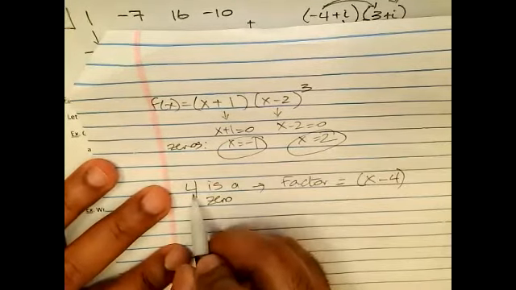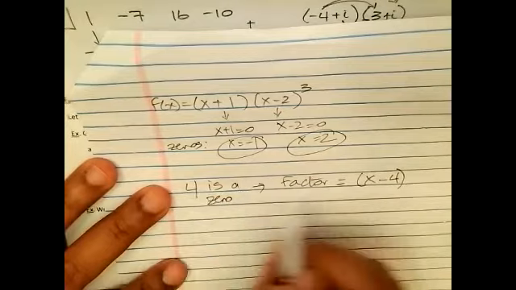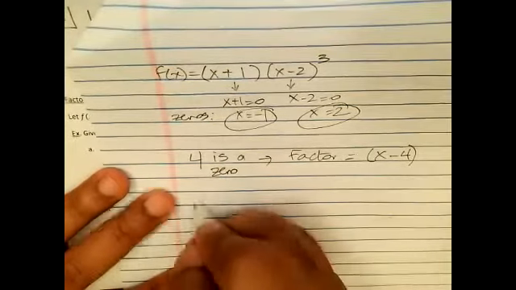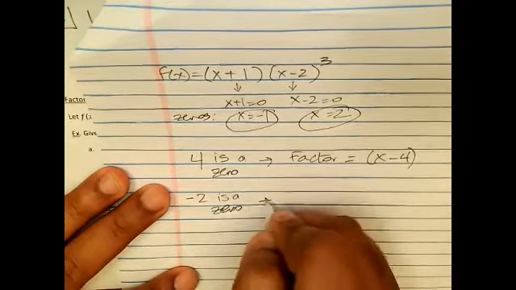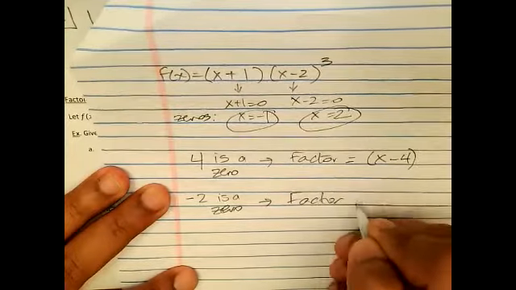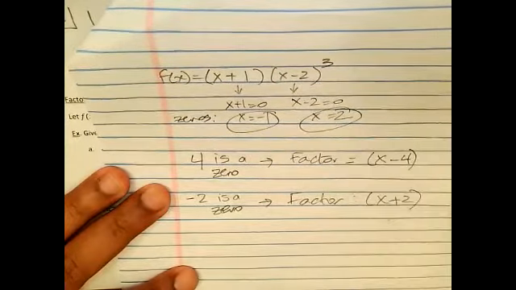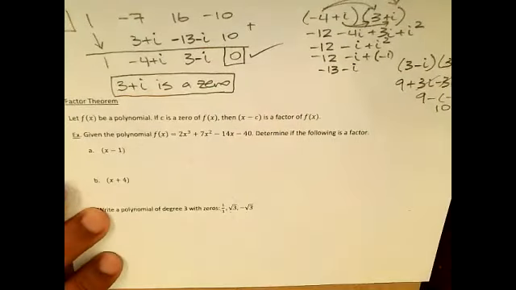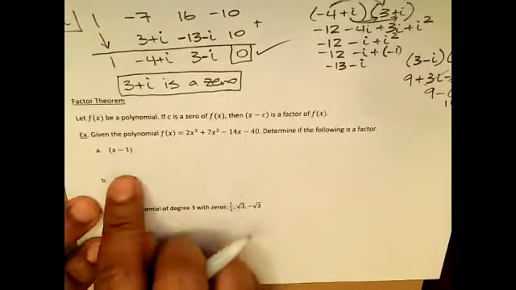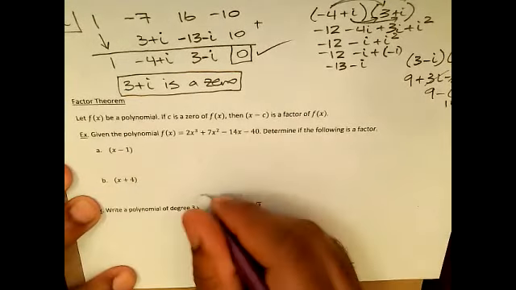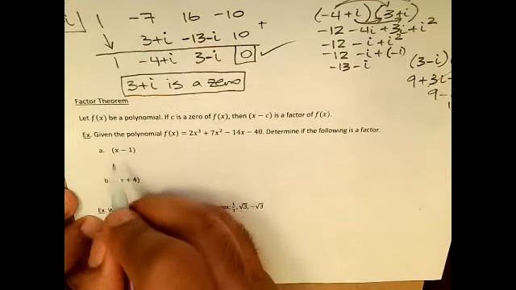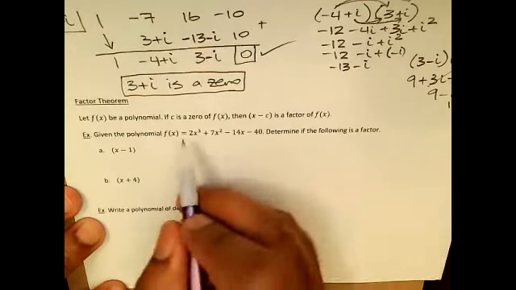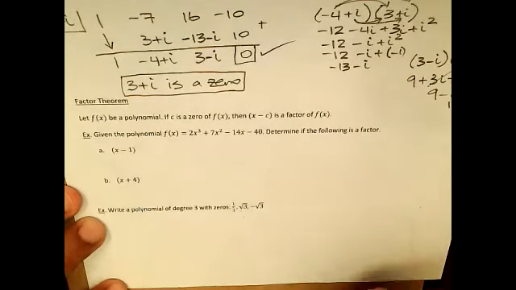Okay, so it's going backwards. So if I tell you that 4 is a 0, then the factor would be x minus 4. If I say -2 is a 0, then the factor for that would be x plus 2. Okay? So that's what I mean by factors. So here, I give you some factors, and I'm asking you to verify that these are actually factors of this polynomial that I give you.